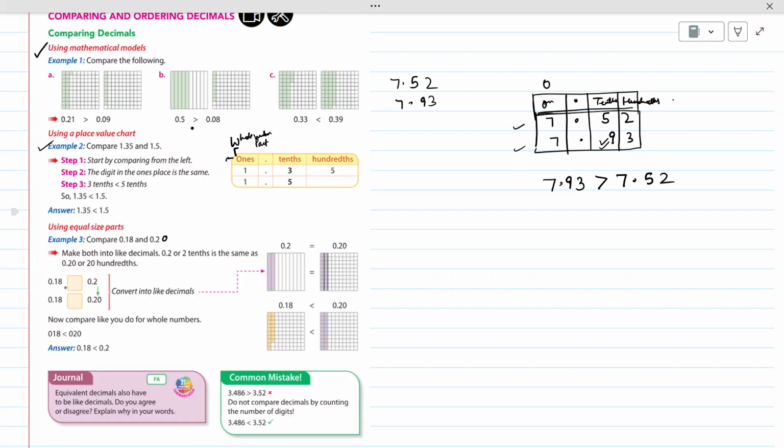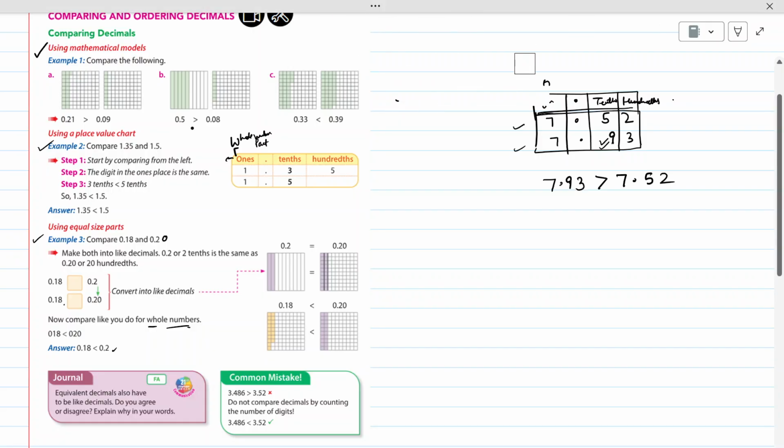So one is 0.18, another is 0.20, and now you compare as we do for whole numbers. They have removed the decimals, considering them as whole numbers. When we compare 18 and 20, we know that 20 is greater, so that number is greater. So these are the three methods, kids, which are given here.